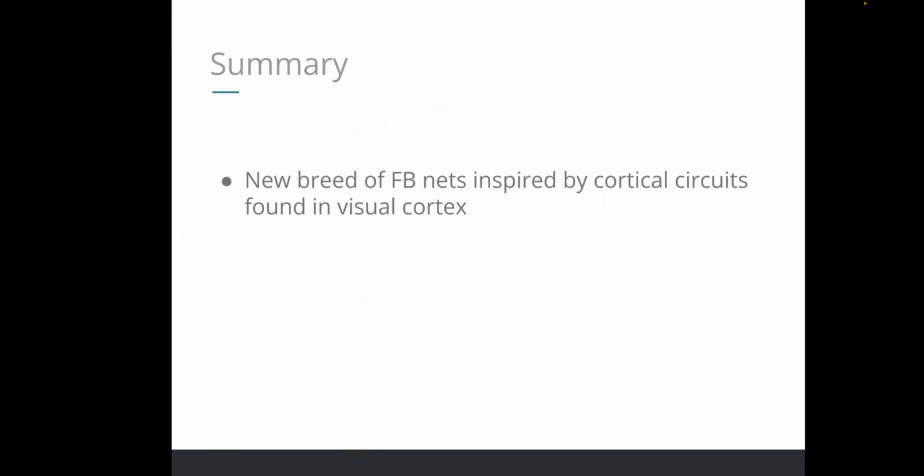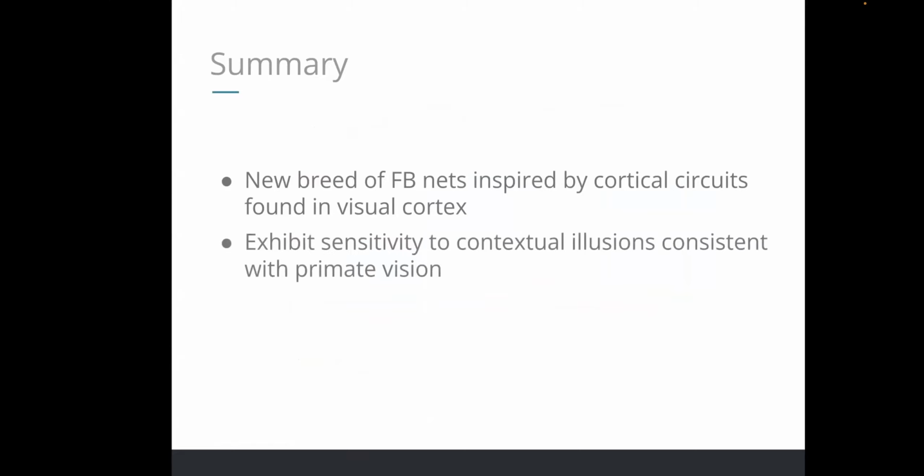What I hope I've introduced is a new breed of feedback networks, which are inspired by cortical circuits found in the visual cortex. I skipped it, but I wish I had time to show you that we can get feedforward neural networks achieving the same level of accuracy as those feedback neural networks, but they need to get much deeper.